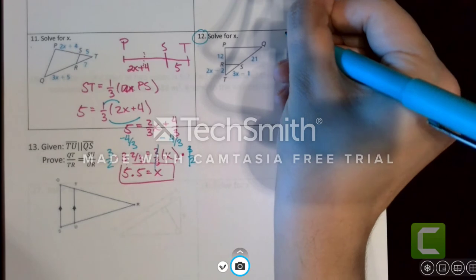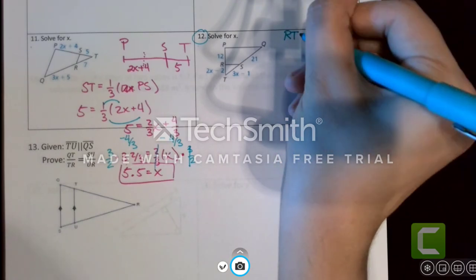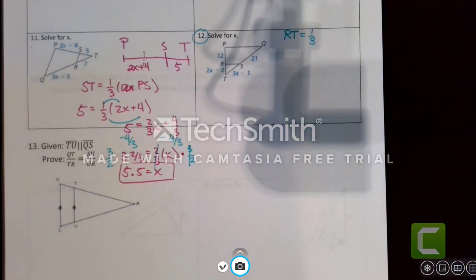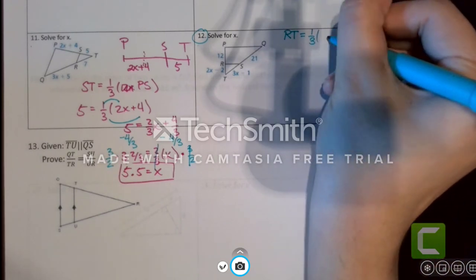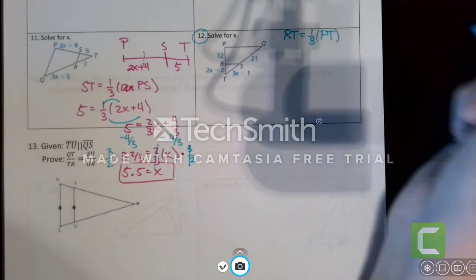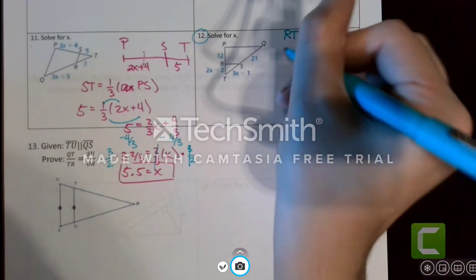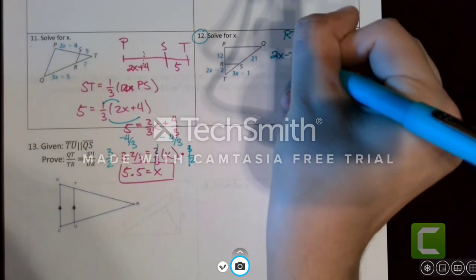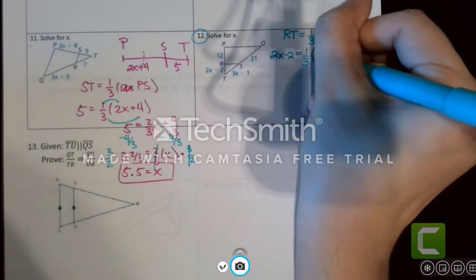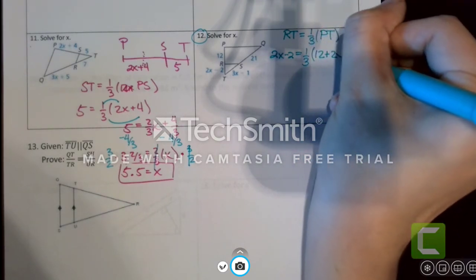So that means RT is equal to 1/3 PT. So RT is equal to 2x minus 2, which is equal to 1/3 of 12 plus 2x minus 2.